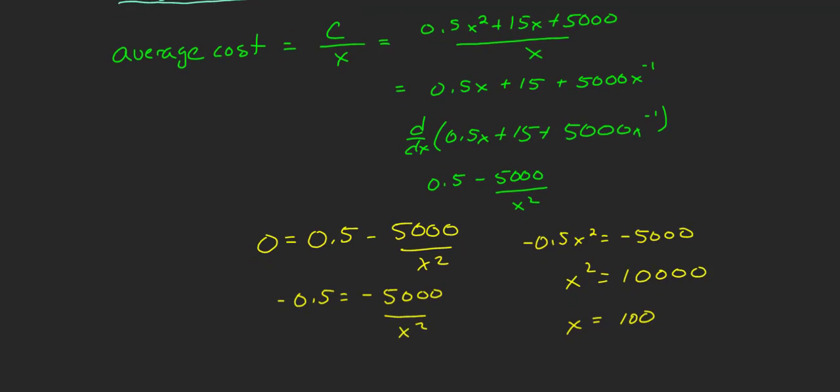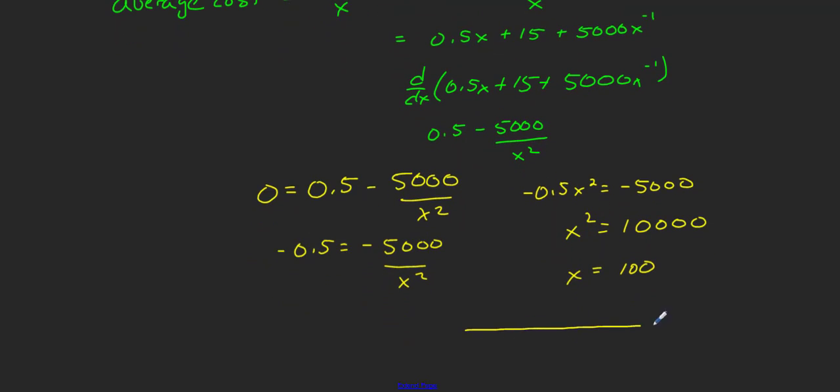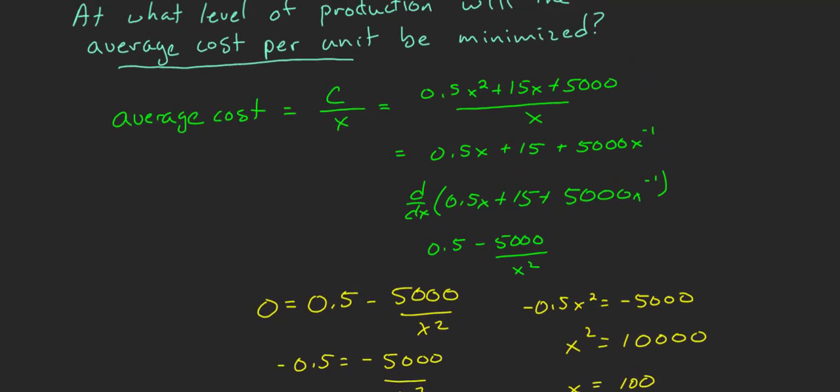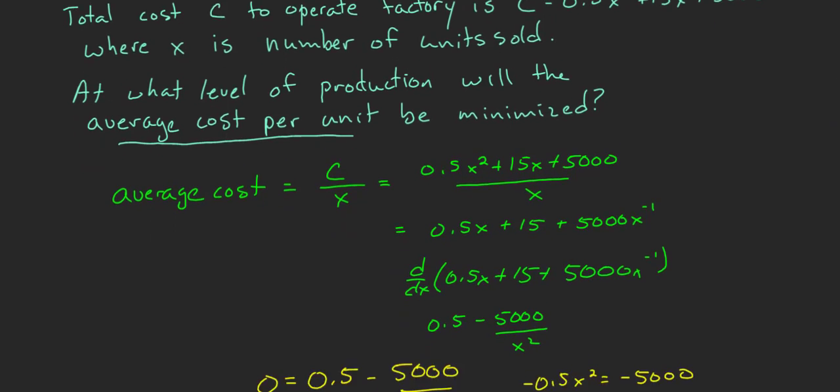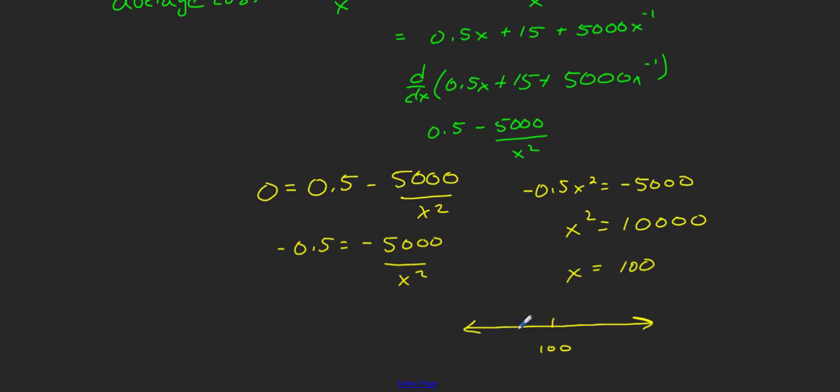We can test it on the number line if we want to. Now we can have 100 here. All right, but if you think about it, quadratic function divided by x, we can just plug some numbers in here also. We know we have our derivative function, plug in 0, or maybe 1, maybe 2: 5,000 divided by 1, 0.5 minus 5,000, that's a negative number.